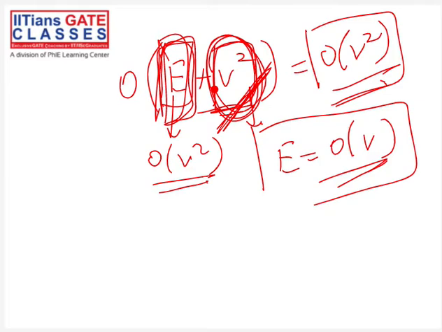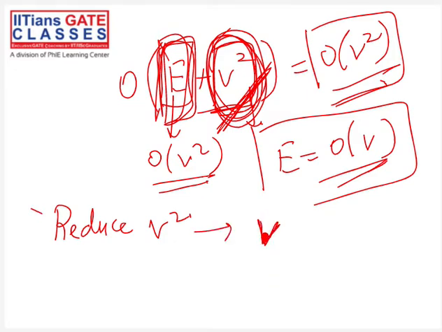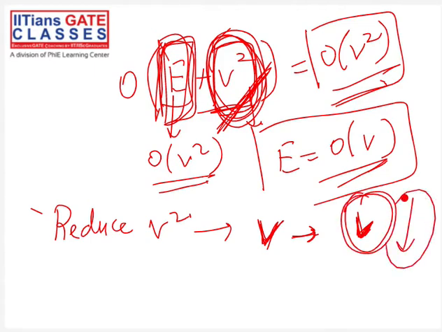Sanjeev, good. Heaps, good. What should I do? My target is simple. Reduce the v square part, this part, to calculate the minimum after every iteration. Anyhow we have to do v iterations, right? For v times we have to calculate the minimum. Before, while updating, we were using a total of v comparisons to find the minimum. That was a 1D array similar to that. Can I reduce this v or not?